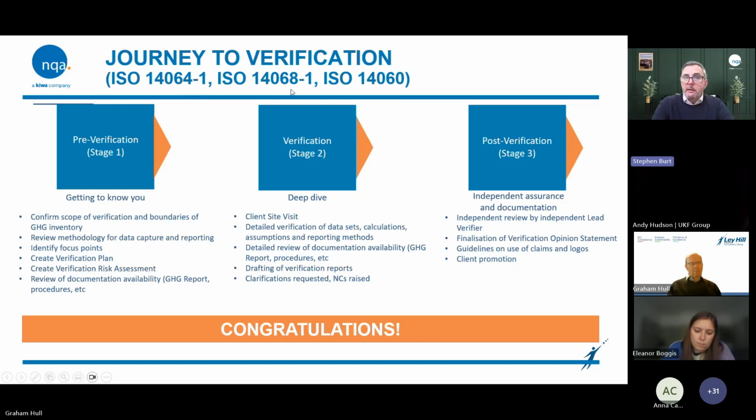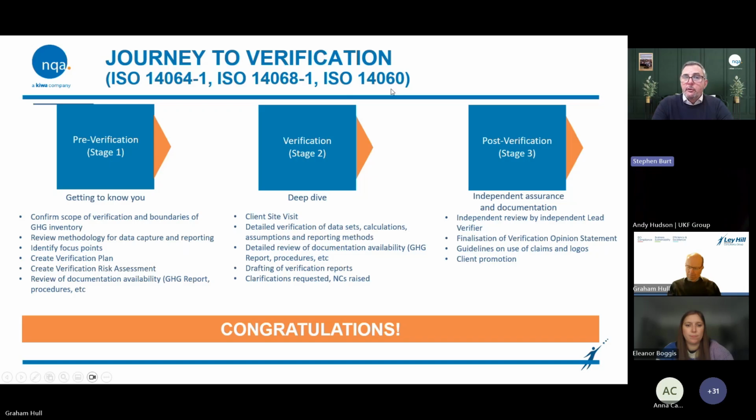Many companies voluntarily seek verification. For other companies, for legal reasons, for regulatory reasons, they must be verified against ISO 14064-1. There is another standard, ISO 14068-1. This is the transition to net zero standard.